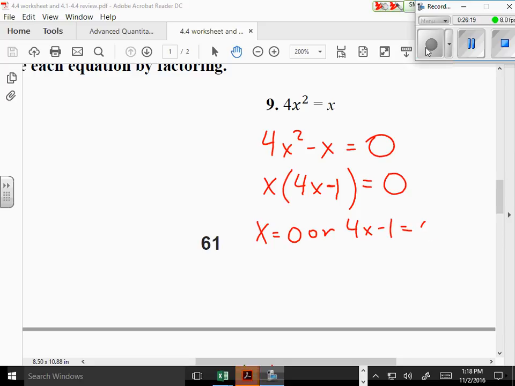If x is 0, you get 0 times negative 1, which is 0. Or, in this case, what would x have to be to make this part 0? Well, add 1. 4x equals 1. Divide by 4.